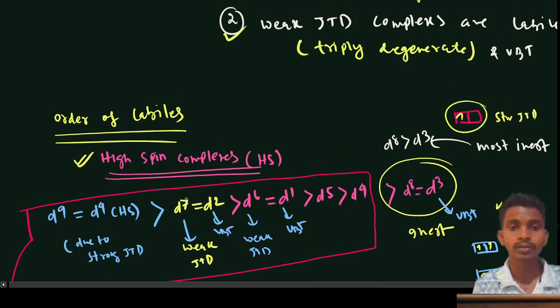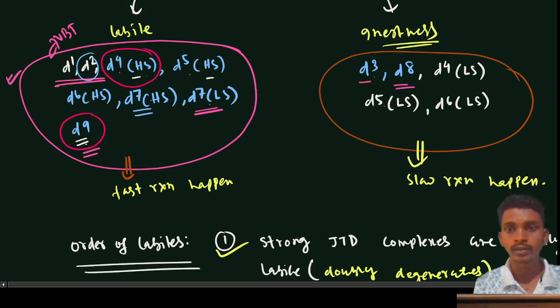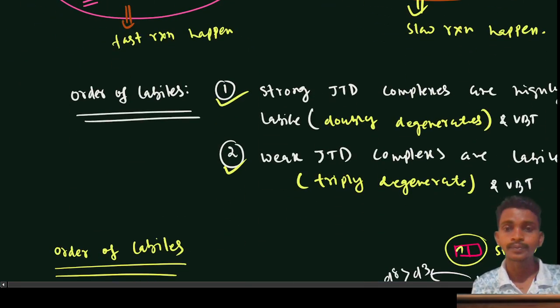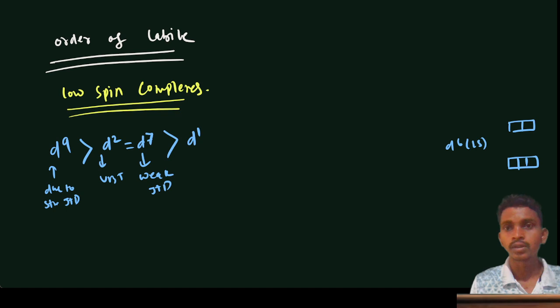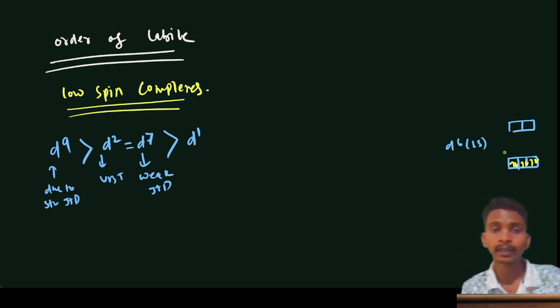D6 will not come here because D6 low spin comes into inertness. If D6 is low spin, the electrons are 1 2 3 4 5 6, so it is fully filled, with no low lying unhybridized orbitals, like the d2sp3 orbitals we write.